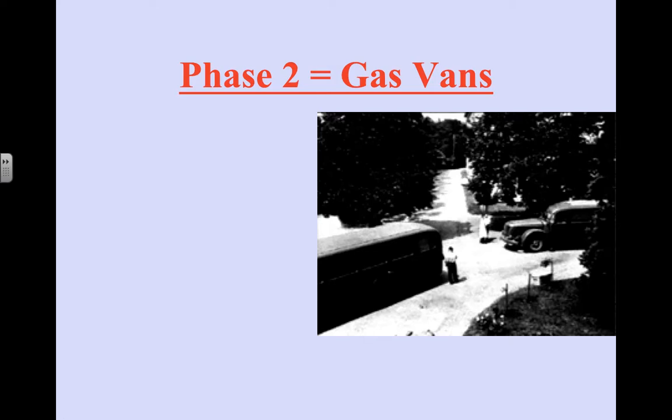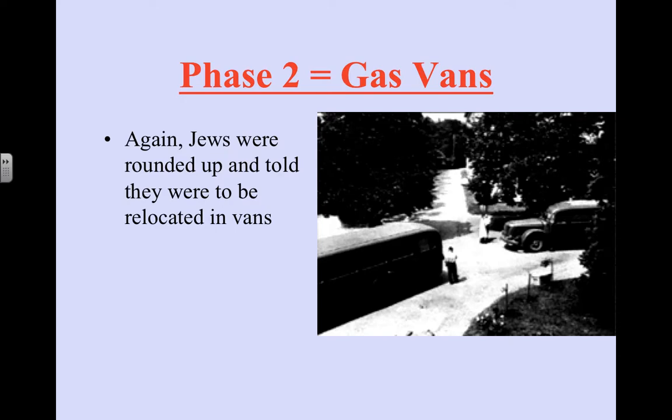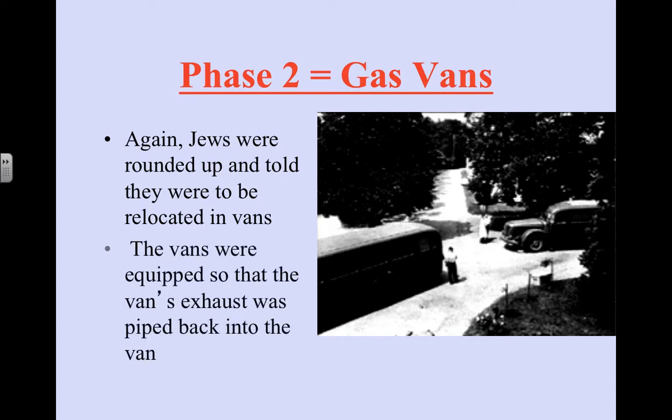Phase 2, gas vans. Again, the Jews were rounded up and told they were to be relocated in vans. The vans were equipped so that the van's exhaust was piped back into the van. So exhaust is the dangerous gas that comes out of a muffler in the back of the car, if you guys see it.